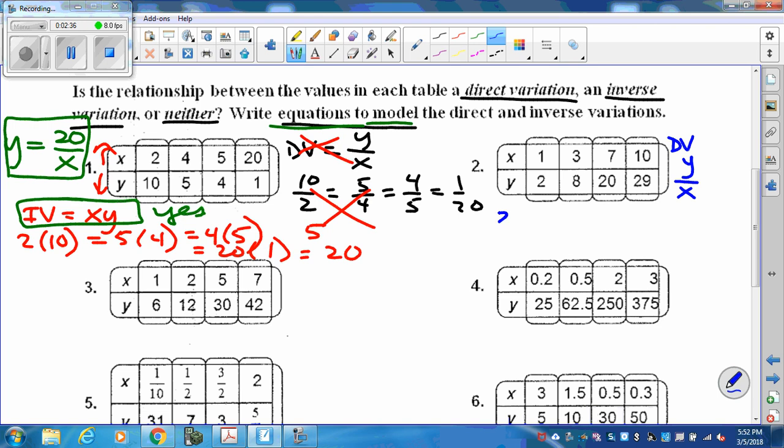So that would be 2 divided by 1, 8 divided by 3, 20 divided by 7, 29 divided by 10. And those are definitely different. X is getting bigger, y is getting bigger, but the ratios are not the same. So that would be not a direct variation.